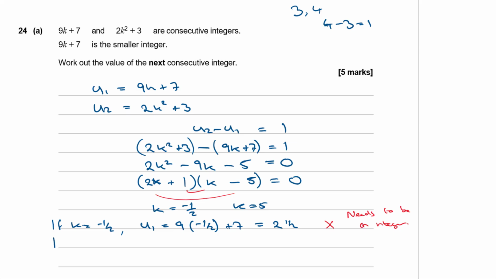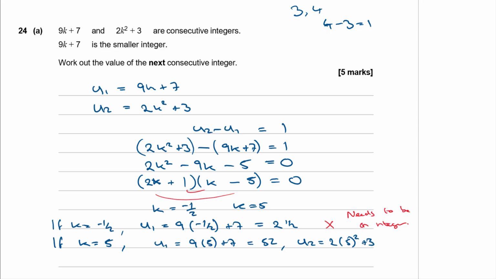So let's try the other answer. If k is equal to 5 though, what's that then? So u1 then is going to be 9 lots of 5 plus 7. That gives me what? 45 plus 7 is 52. Just going to check u2. u2 is going to be 2 lots of 5 squared plus 3.